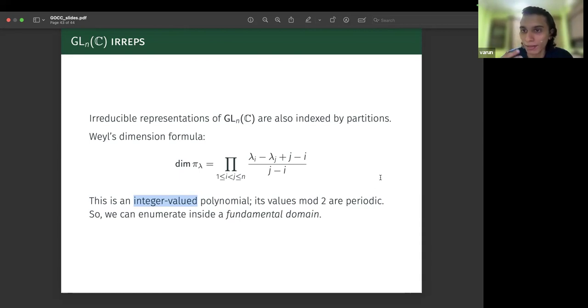So as a function from the integer lattice to Z mod 2Z, it will be a periodic function. So we'll have a fundamental domain, and the value of the polynomials on the fundamental domain determine its values on the entire lattice, and we can try enumerating inside the fundamental domain.